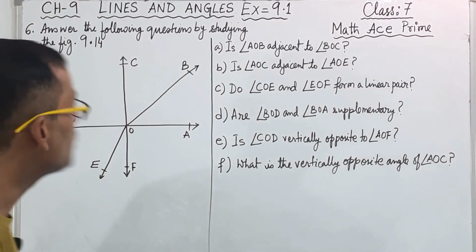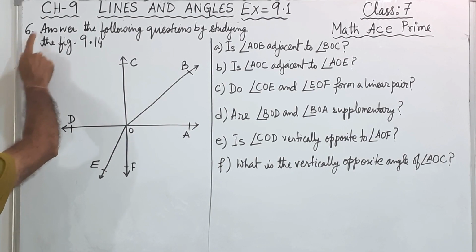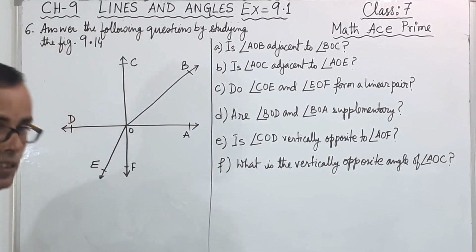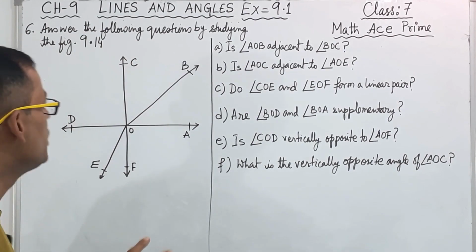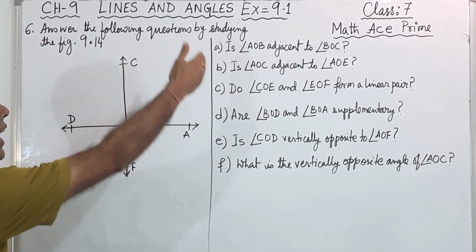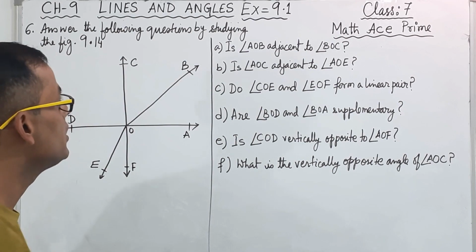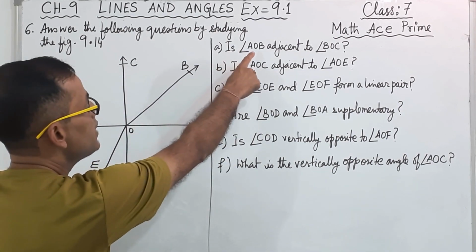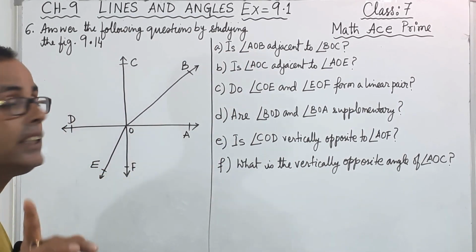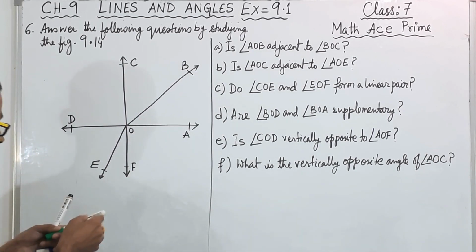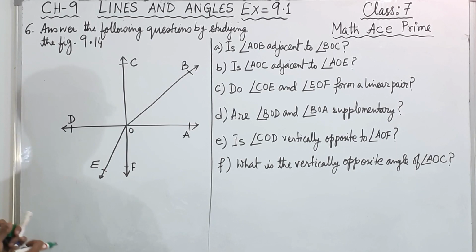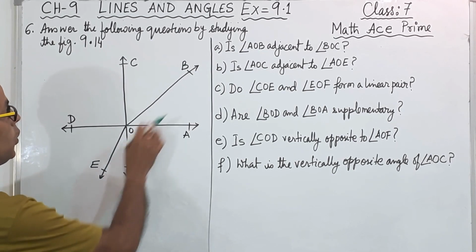Now we are going to solve question number 6. Answer the following questions by studying the figure 9.14. So you have to study this figure and answer these questions. Okay. So first question, is angle AOB adjacent to angle BOC? So AOB. So let me find out where is AOB.